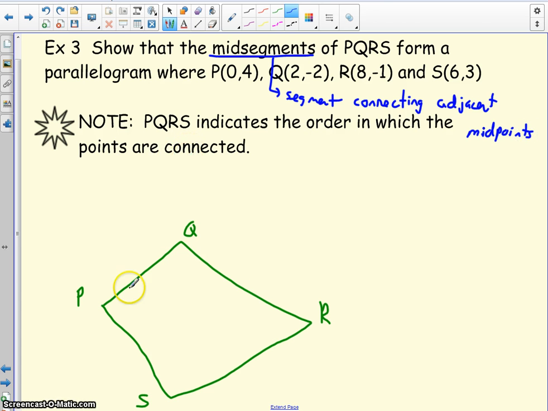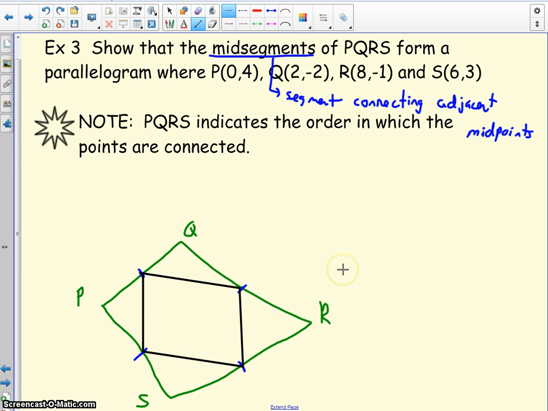So what that means here, if, say, for example, you have a midpoint here of PQ, a midpoint of QR, midpoint of RS, this is obviously just a rough drawing here, and midpoint of PS, then these mid-segments right here, if you were to draw them, you're trying to show that this forms a parallelogram.